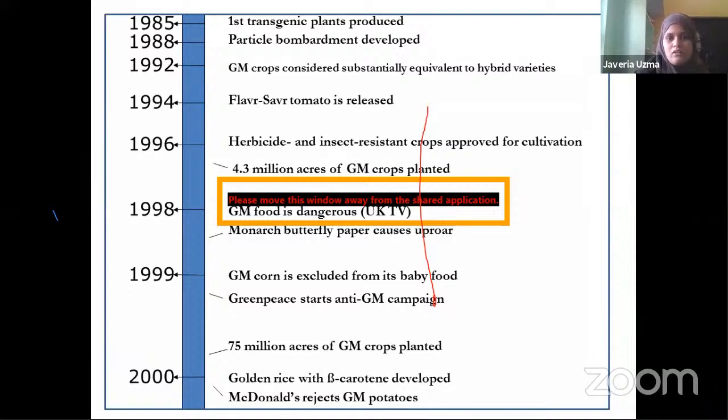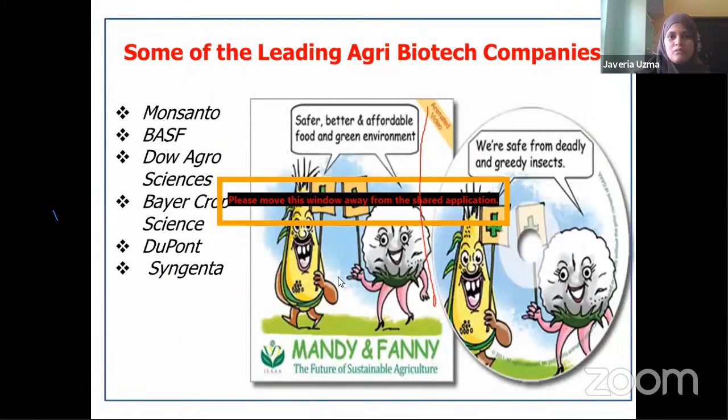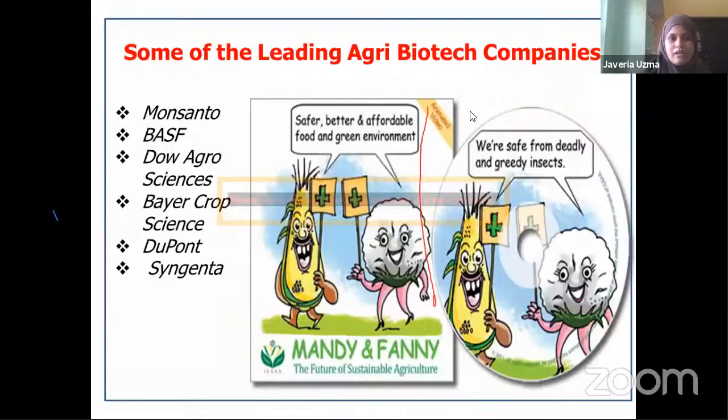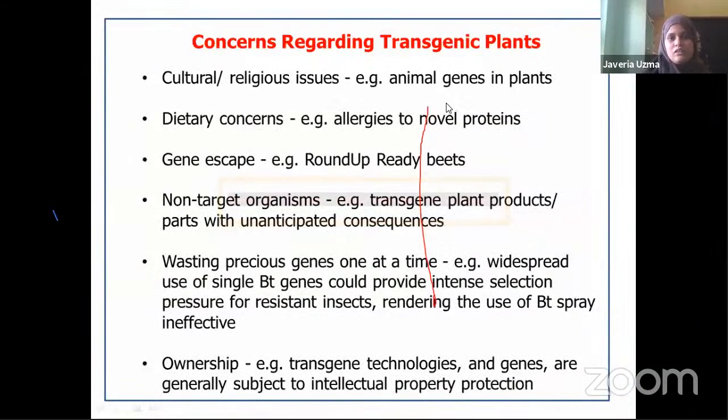This debate will always go on, and some of the leading agribiotech companies are Monsanto and Syngenta. These two are the leading companies which provide genetically modified crop seeds for growing Bt crops. There are certain concerns regarding transgenic plants, that is cultural or religious issues, like many times genes from animals were introduced in plants.